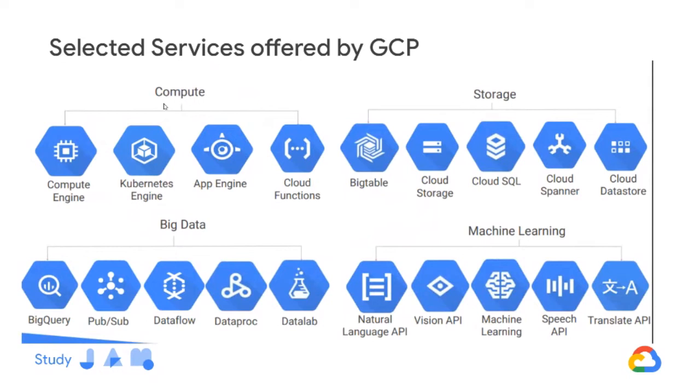The services that they offer in GCP, there's lots of different services, but the big areas are broken up into compute, storage, big data, and machine learning. There's all kinds of different services that you can learn and explore.